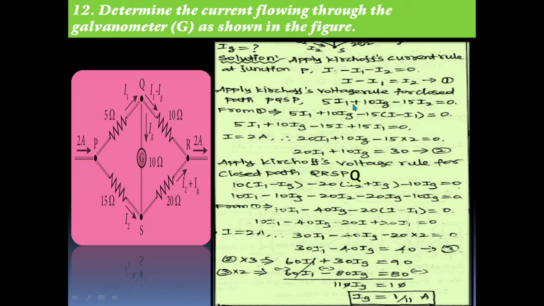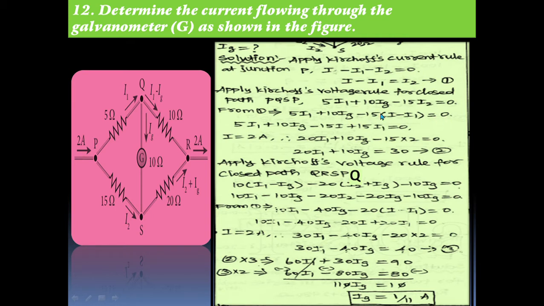So 5 I1 plus 10 Ig minus 15 I2 is equal to 0. Already you know the value of I2 from equation 1. Substituting it, 5 I1 plus 10 Ig minus 15 times (I minus I1) is equal to 0.